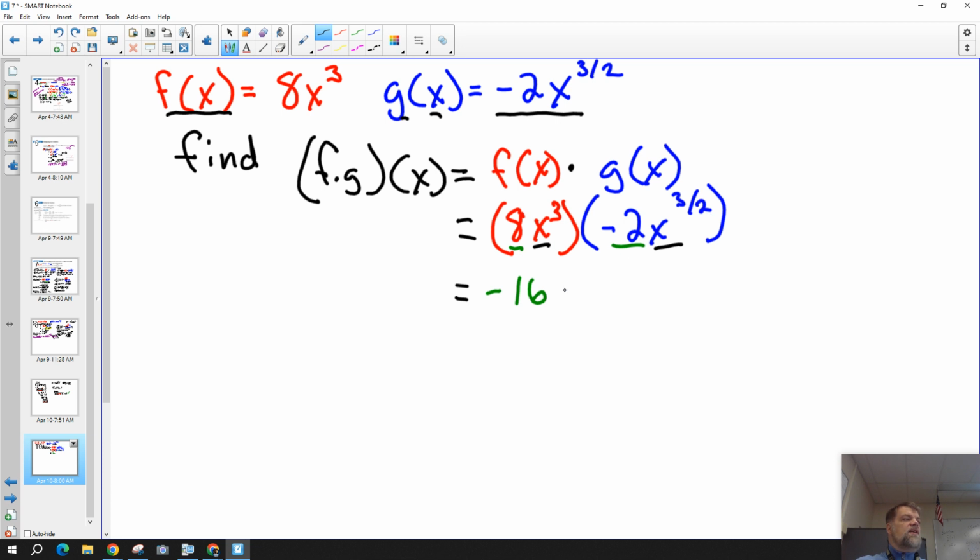And then I've got x cubed times x to this thing. So really, because they have the same base, I could think of that as x raised to the whole 3 plus 3 halves. Well, in order for me to add that up, I'm going to need a common denominator. So the common denominator is 2, so isn't 3 the same as 6 over 2?